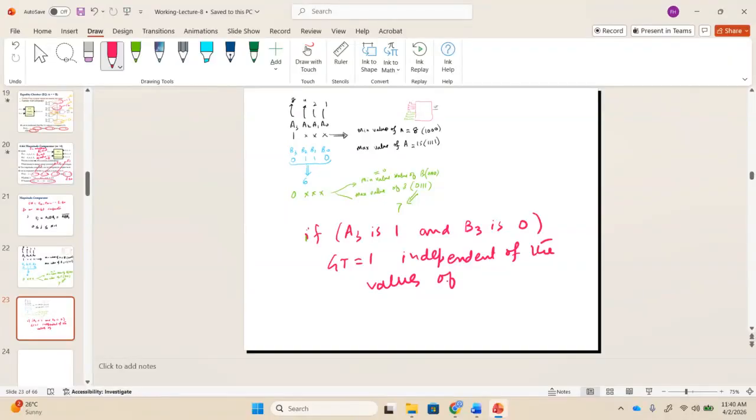Help me please formulate. Independent of the values of what? Can you formulate?